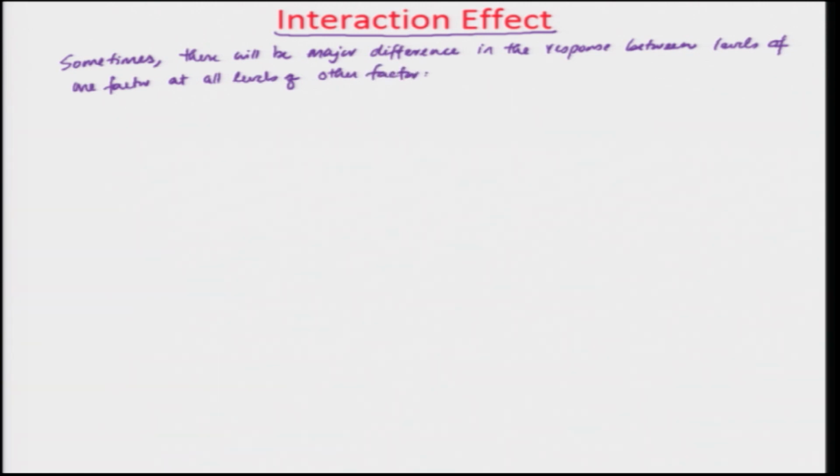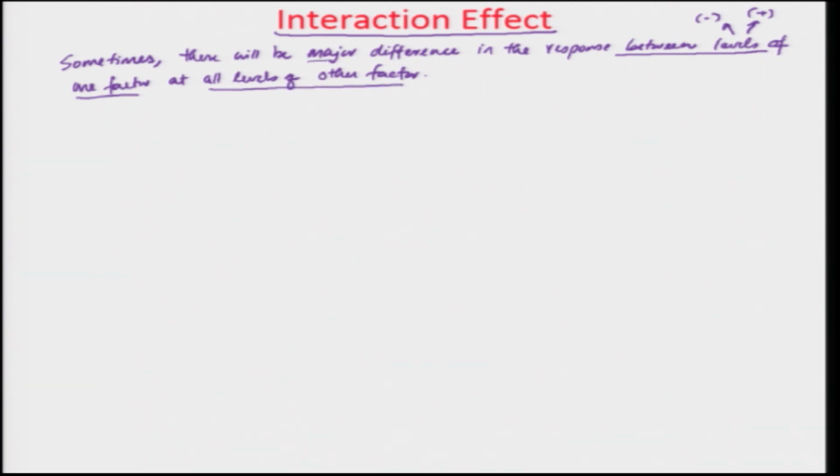So, what will happen is, when the response between the levels, where levels implies low and high, or there can be multiple levels also, between the levels of one factor at all levels of the other factor, there will be a major difference.